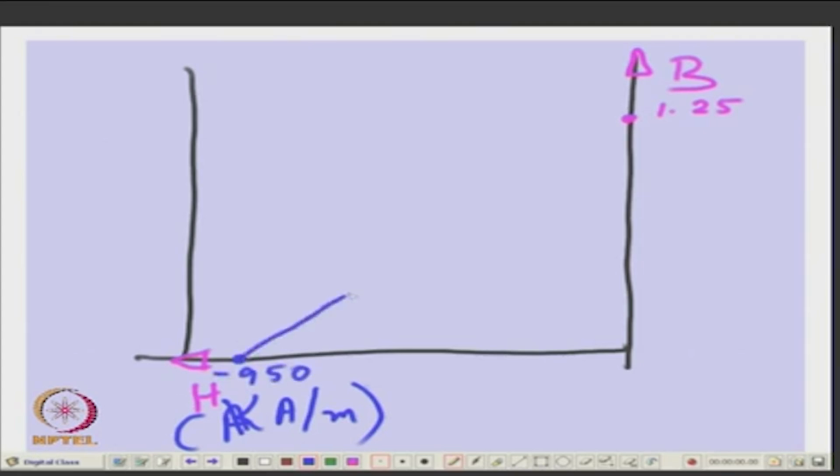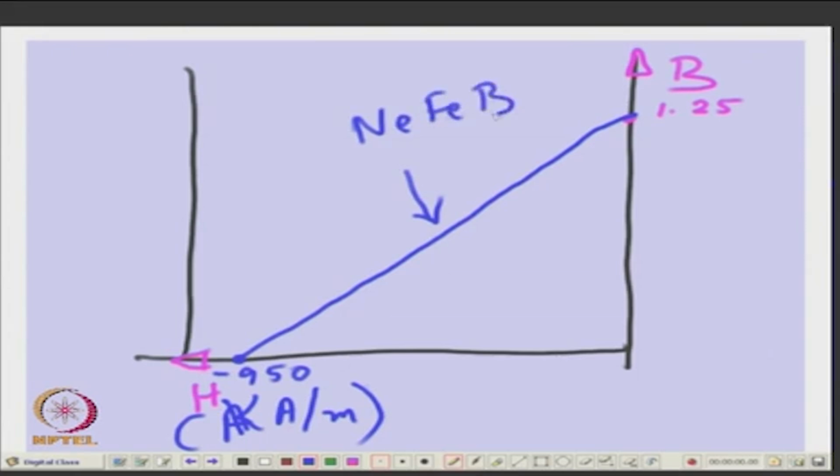So, this is the sort of line for neodymium iron boron. If you go to samarium cobalt, which is next, it is around 0.95 and around 680 or 700.